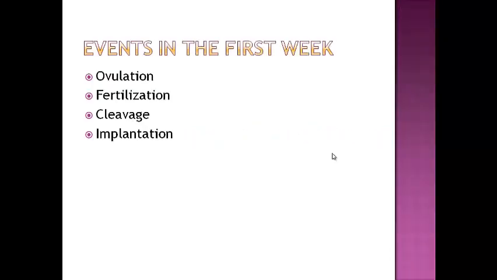So, in summary, the major events of the first week were ovulation, which was release of the mature ovum from the ovary. Fertilization, which was fusion of the ovum and the sperm that happens in the ampulla of the uterine tube, and all of its subsequent events, so the cortical reaction and everything that happens after that.